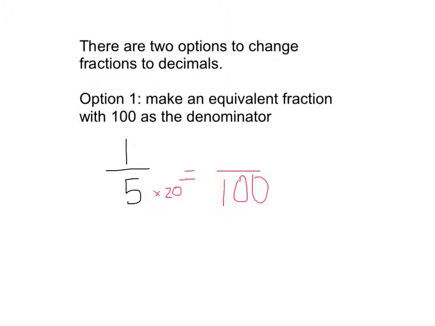So to find my new numerator, I have to multiply 1 by 20, and my answer is going to be 20 hundredths. Now, to change this into decimal format, I can just say its name, which is 20 hundredths, which equals 0.20. So, 1/5 changed into a decimal is 20 hundredths, or 2/10, or 0.2. And that is my answer.